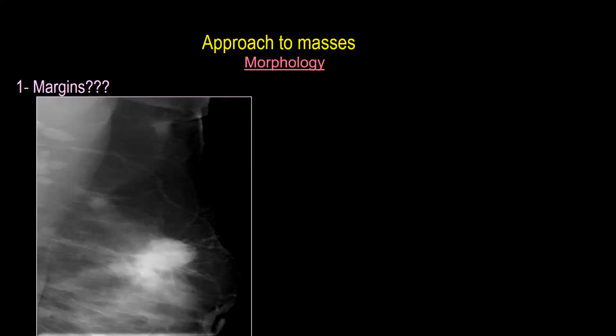Density and margin. Huda, what did you say? Obscured. Obscured, okay, more than 25%. If you said obscured, Huda, that is the mistake.